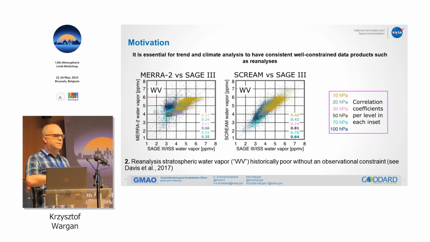Sean Davis has done some work on that, and if you don't believe me, ask him. So that's what we have for MERRA-2. However, SCREAM, which does assimilate water vapor from MLS, the agreement is better. It's not perfect, but it's better. Also, SAGE III/ISS water vapor is quite noisy, so you can expect some sort of scatter here. And as long as it's consistent with the uncertainties that we assume for SAGE, it's okay.